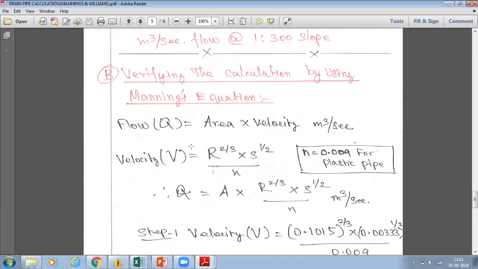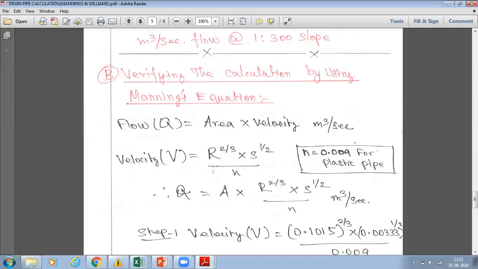Not only for rainwater trench drains, if you are calculating some other trench also, you can use this formula. For all types of trench drain calculation you can use Manning's formula, and for all types of pipe size calculation you can use Williams' formula as well as Manning's formula, but the shape of the surface will differ.